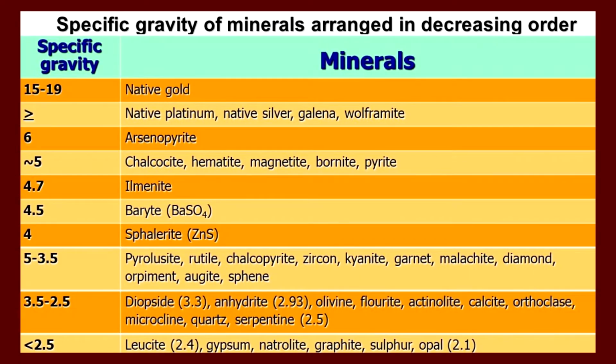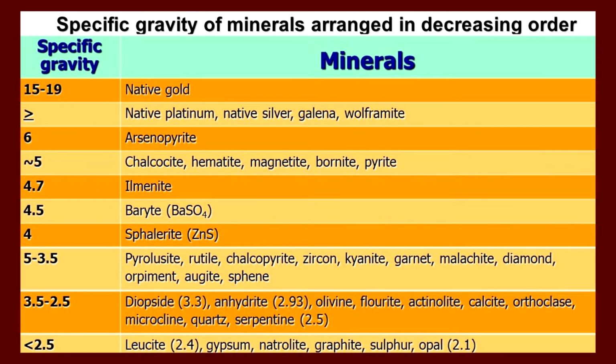Specific gravity of minerals arranged in the descending order. See, this is the table in which the specific gravity of minerals is arranged in descending order. You see on the left hand side of the table, in the first column, 15 to 19 is the specific gravity of native gold.